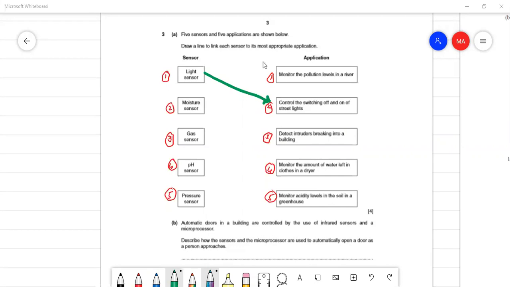Moisture sensor is connected with the fourth application. It is used to monitor the amount of water left in clothes in a dryer. Okay, now gas sensor.